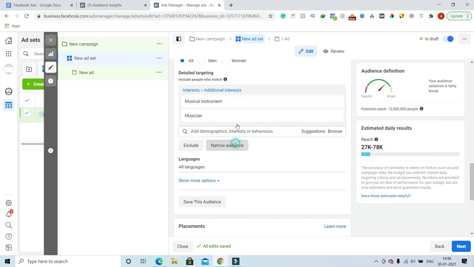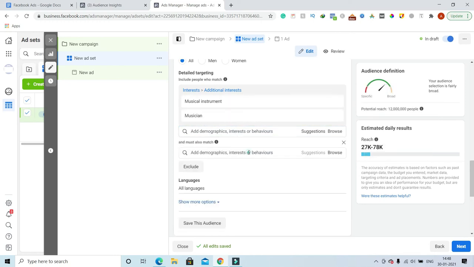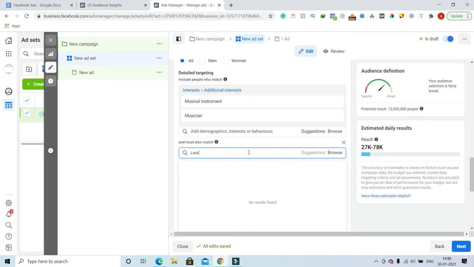So people who are interested in this and who are also interested in, let us say, Arjit Singh would be someone. I'm not quite sure why this is not popping out.